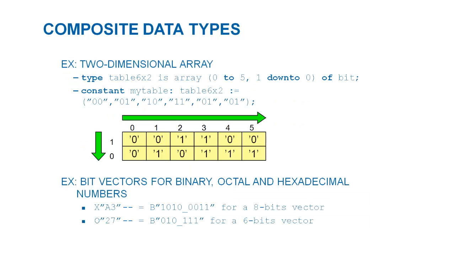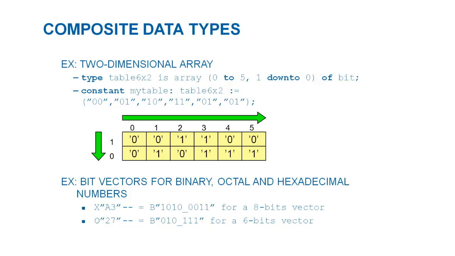So composite data types can be more than just a vector. It can also be an array or like a matrix. So when you have an array of a vector, then invariably you have a matrix, as given in this example here. So when you have a data type table 6 by 2, it's an array that has locations and columns that go from 0 up to 5, and at each column there are 2 rows.